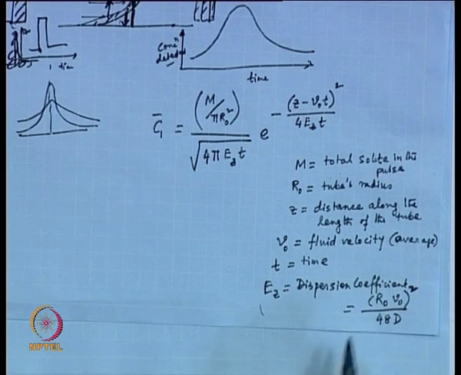That means if you have a higher average velocity, you can expect more spreading. These are some of the things that you need to keep in mind. Similarly, if you have a higher R0, you have more spreading.